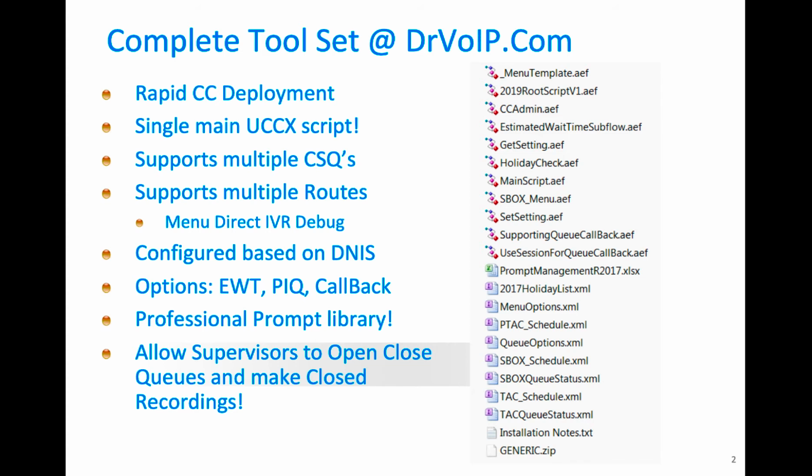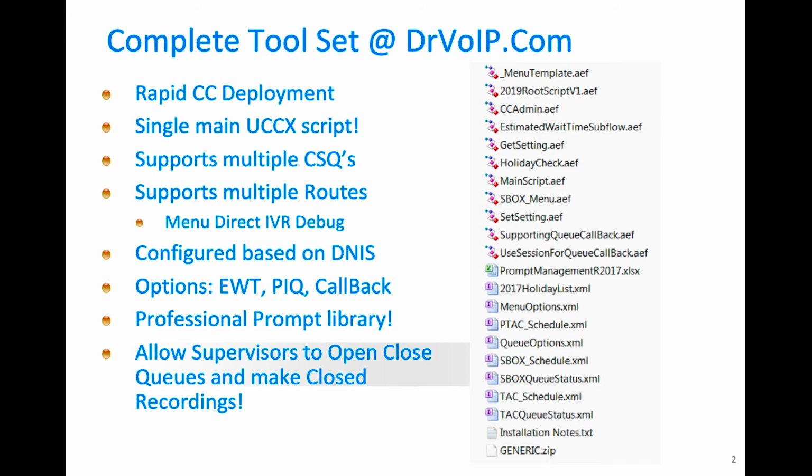Let me walk you through the pieces that are included in this. The main script is actually, I think we now call it root script version 1. So this is the root script. There is CC admin, which is a separate script, but is called upon to open and close the queues as we've recently outlined to you. Estimated wait time subflow, get settings, set settings are used by CC admin.